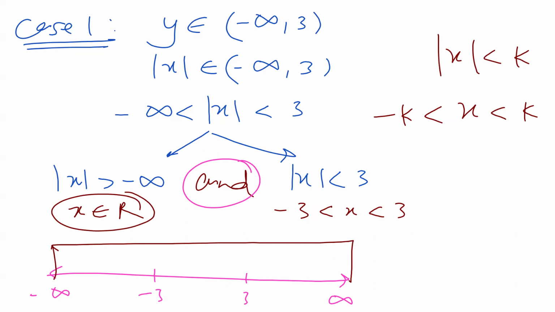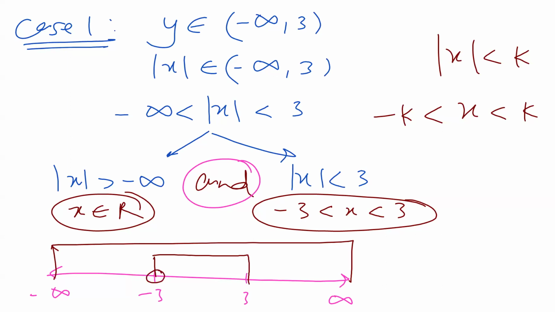It can be positive real, negative real. X belongs to minus 3 comma 3. Should I shade this minus 3 and 3? No, because there is no equal to over here. Every reason I'm giving.